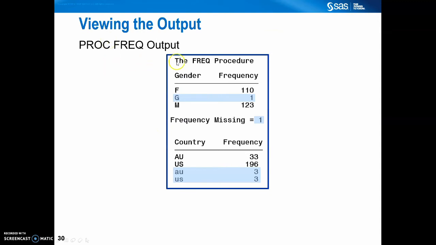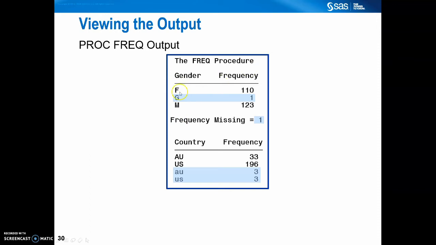Okay, after the program is submitted, we have this kind of information, in which we have gender F, G, and M in the data set.